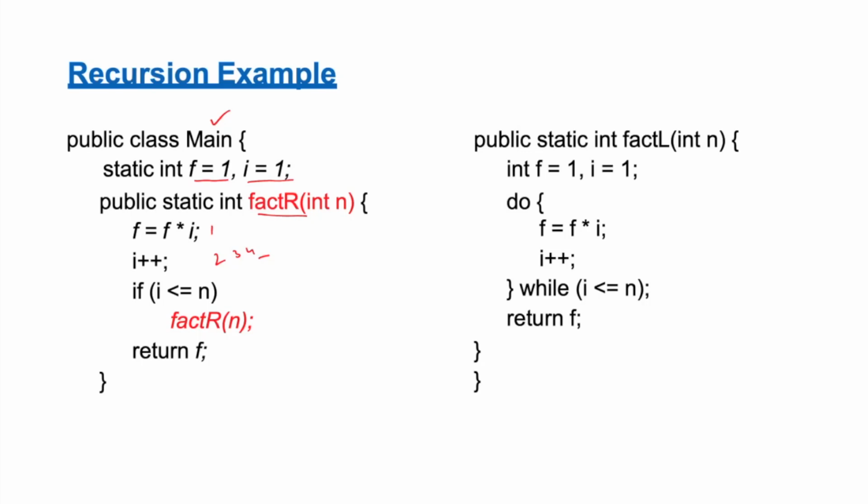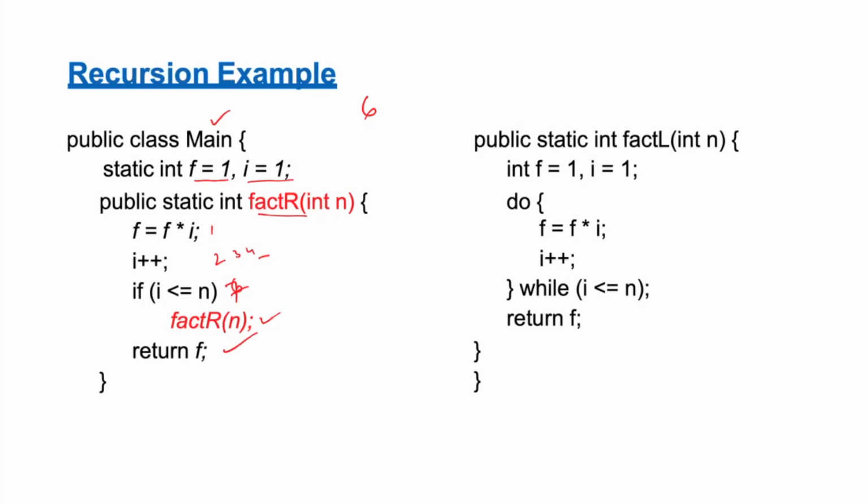For example, I want to do it for 6 rotations. Then, when the i value reaches 6, or when 6 plus 1, that is 7, whenever the i value reaches 7, this condition is going to terminate. Whenever this is true, it is going to call this one, otherwise it will not call it and will just return the f value here.